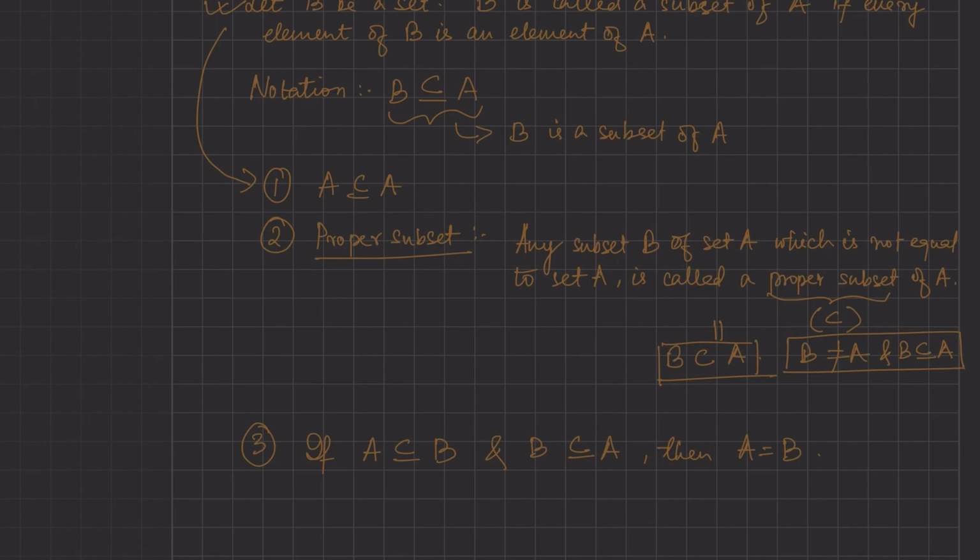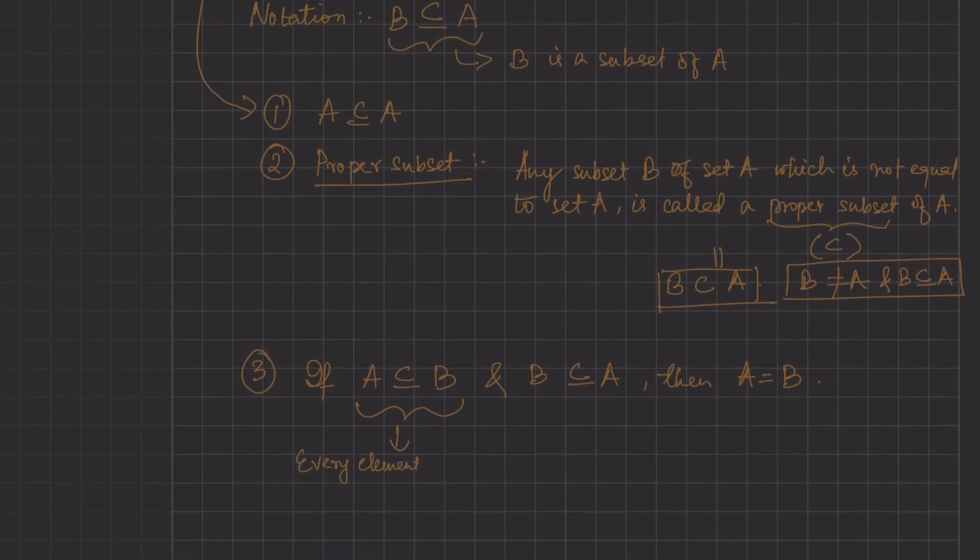Now, there are two parts to this particular statement. The first part is that A is a subset of B, which means every element of A is an element of B. Now the next part, B is a subset of A. So here every element of B is an element of A.